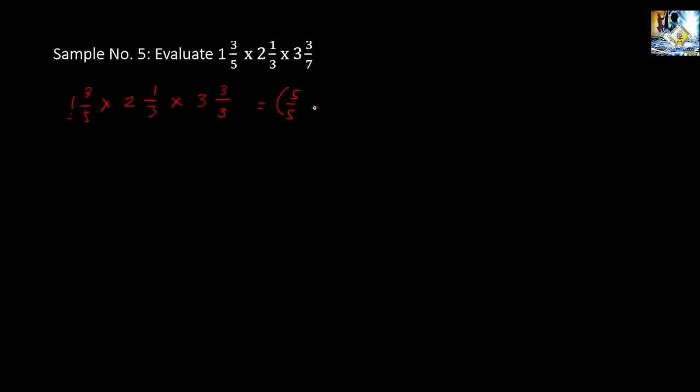Okay, so 5 and 3 over 5, if you recall our first example. Okay, so before we proceed with multiplication, we replace this number with the same denominator. So here 2, that is 6 over 3, which is equal to 2 plus 1/3. Okay, then the next proper fraction.